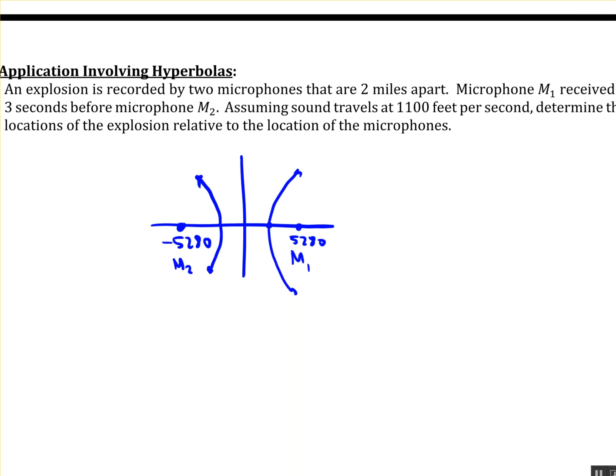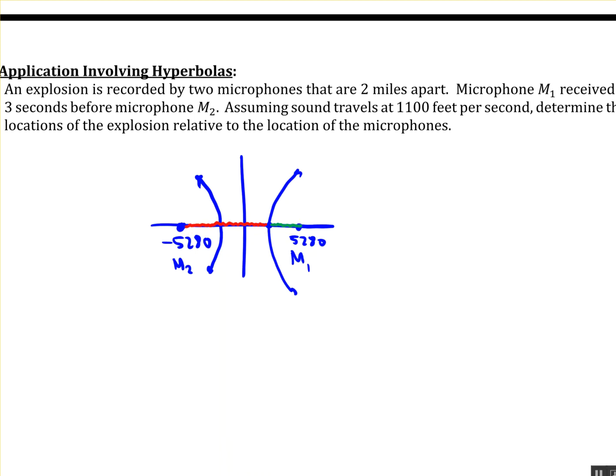That means the distance from, here, let me get a different colored pen. So the distance from there to there, and the distance from there to there, the second one must be 3,300 feet longer than the first. Again, let me do it in different colors. This distance here and this distance here.